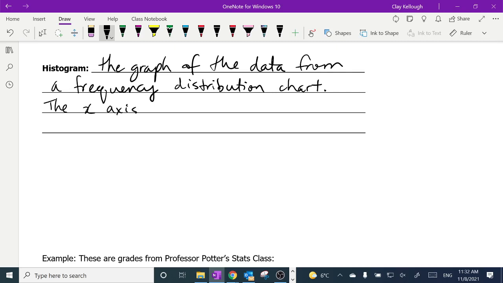The x-axis is the classes, or again, the intervals.